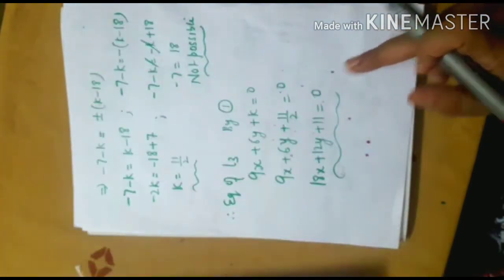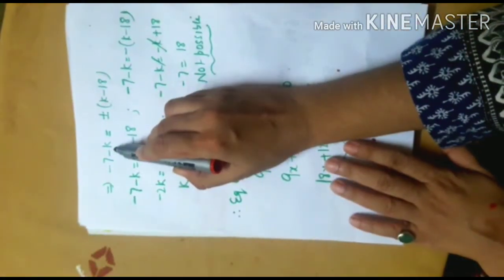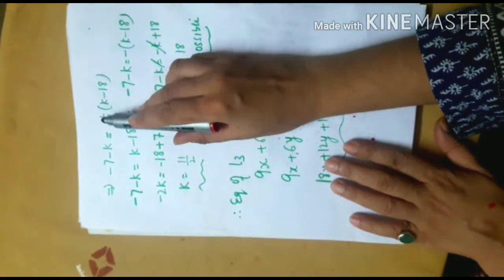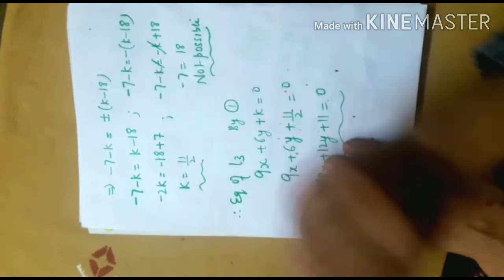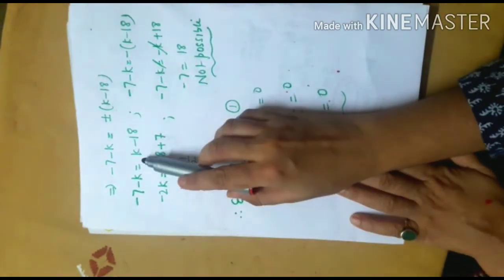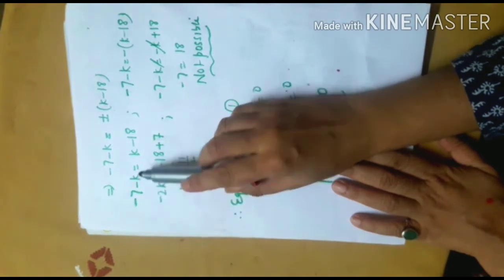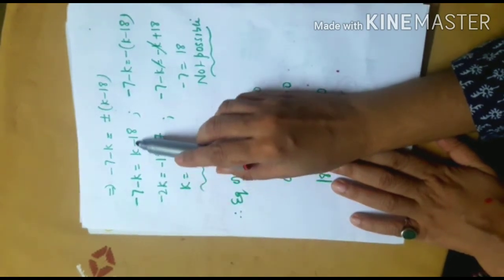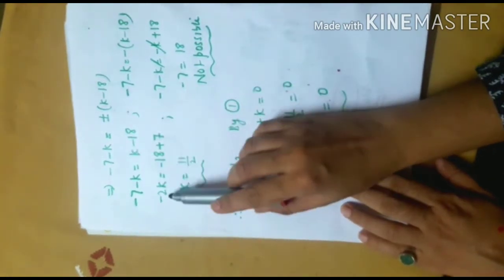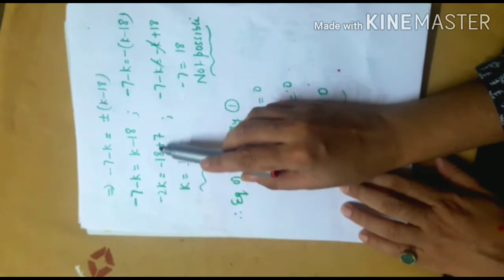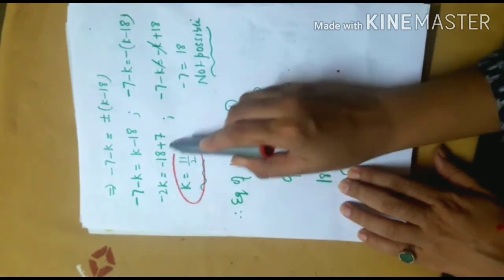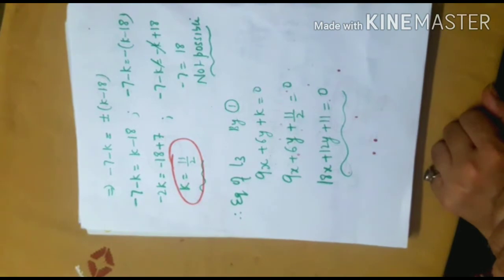So I get -7 - k = ±(k - 18). So first I take the plus sign here: -7 - k = k - 18. From here -2k = -18 + 7. So I'll get k = 11/2.